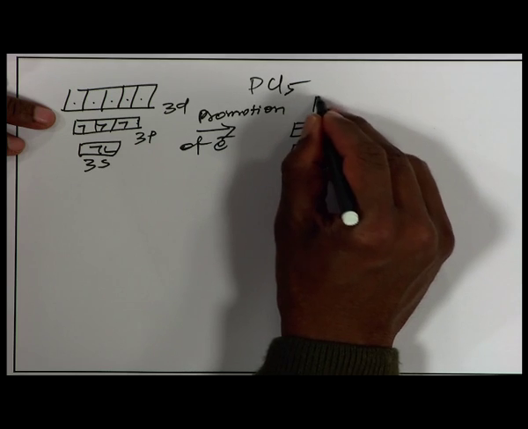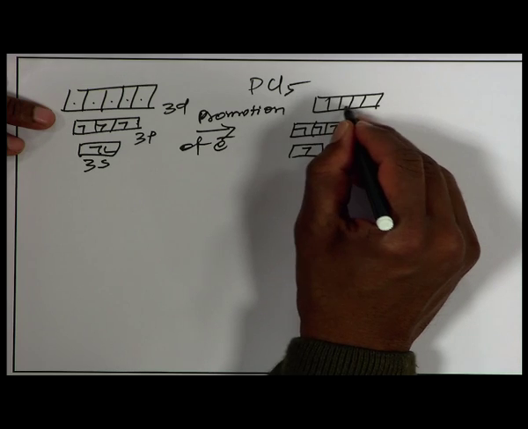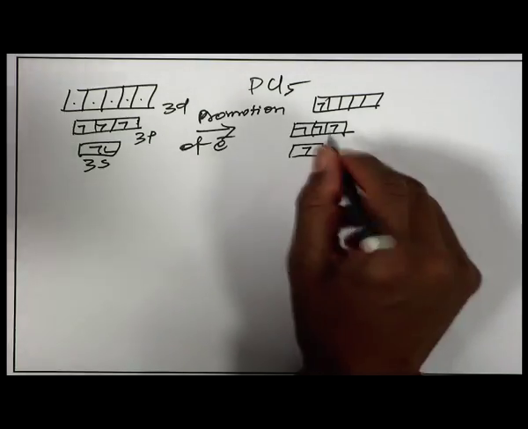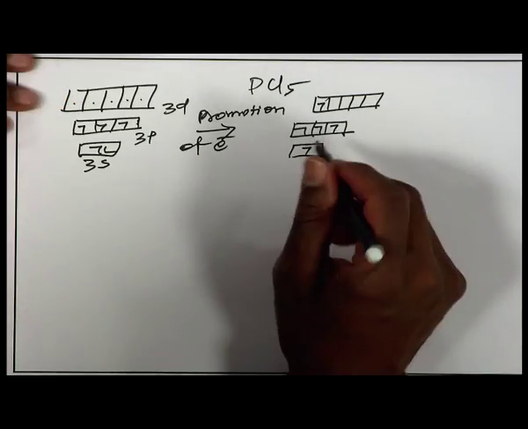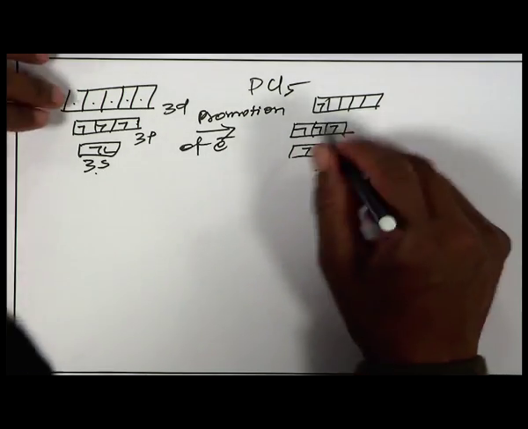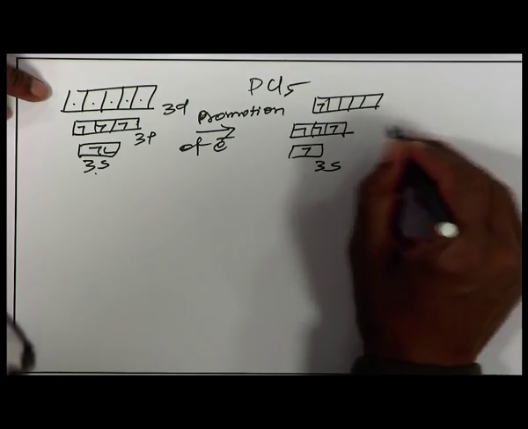Here it is gone. Now, you can see that the electron is promoted from the 3s orbital to the 3d orbital. Now, after promotion, these orbitals should undergo hybridization.